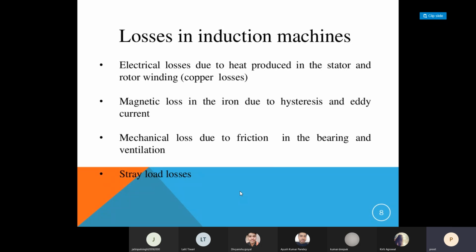The first is the electrical loss due to heat produced in the stator and rotor winding. That is your copper loss. If you have revised your transformer losses, then many losses are the same. In that class also, I told you that the basic types of losses will remain the same. The only difference is that a transformer is a static device, so it doesn't have any mechanical losses.